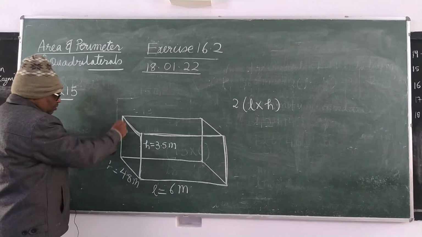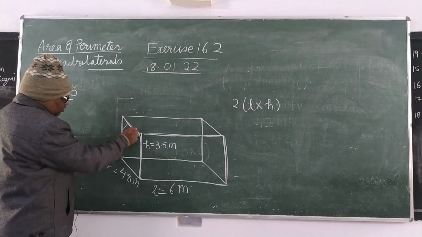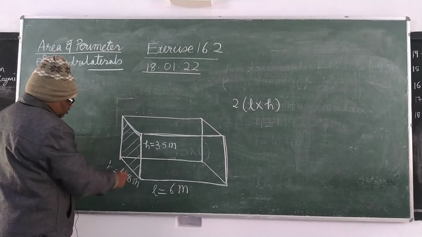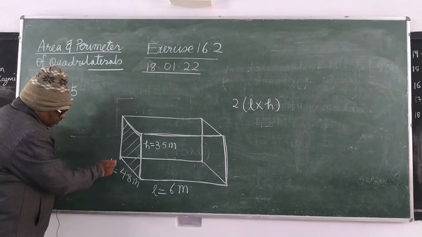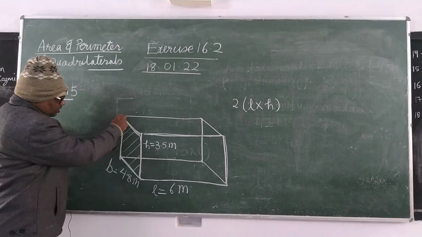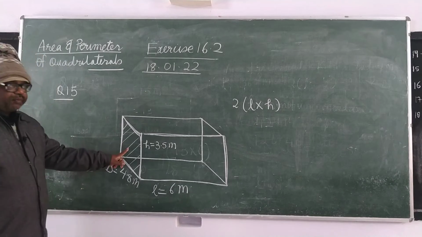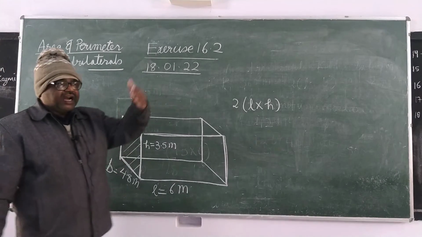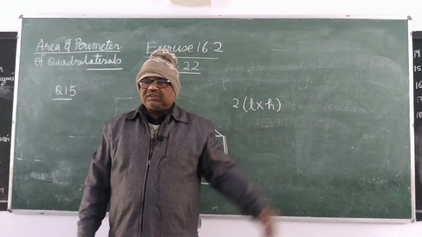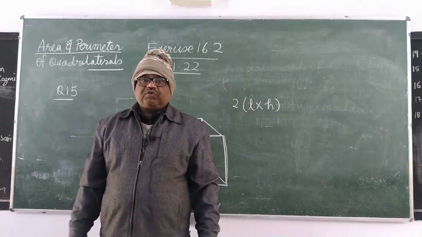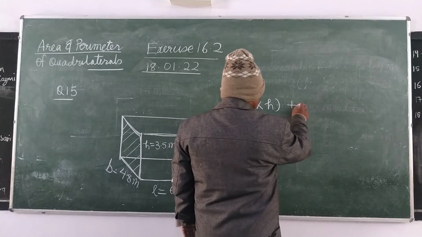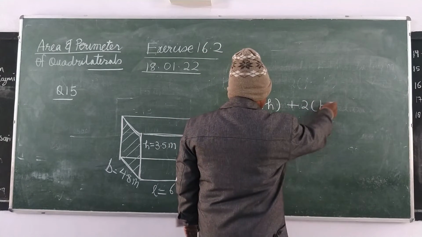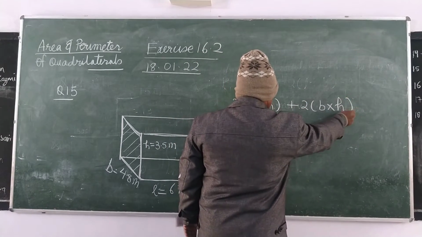Then in the same way you find out the area of this wall. So you can see here, this is B and this is H. What will be the area? B into H. Means that wall has area B into H. So this wall will also have the area B into H. Means B into H is coming 2 times.